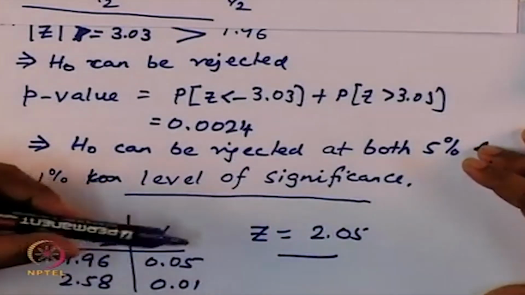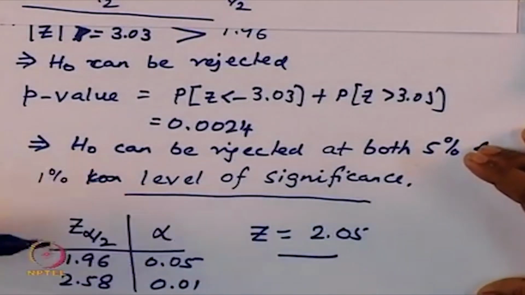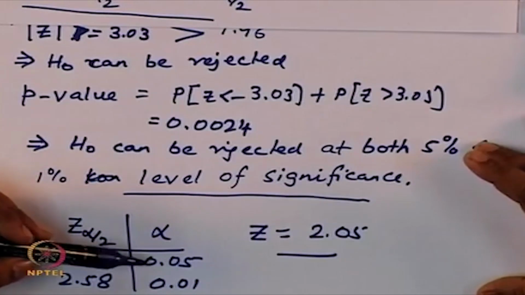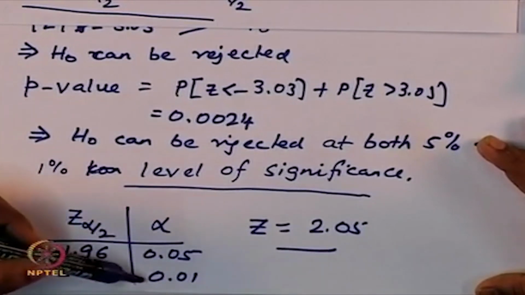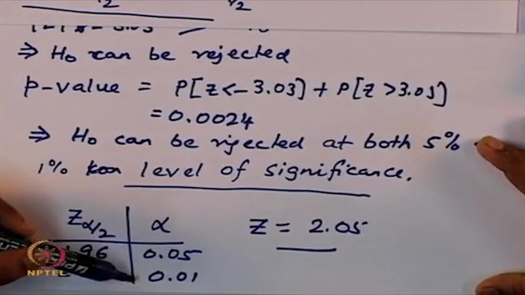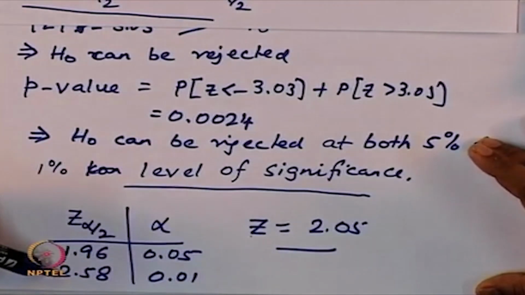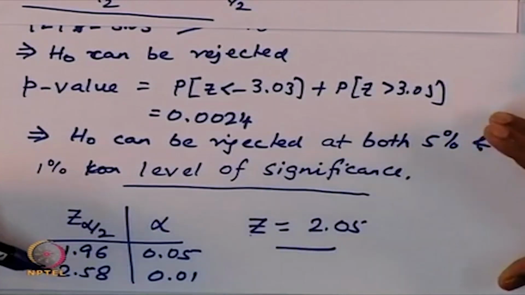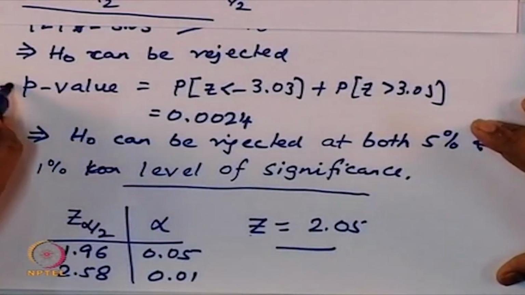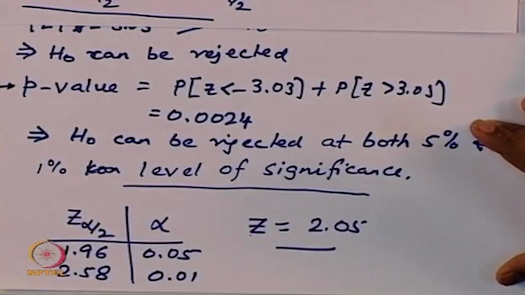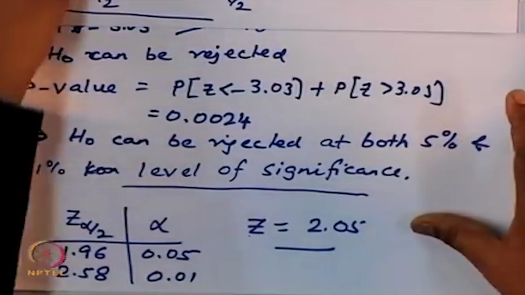What this means is I can accept it at the 5% confidence level, but I have to reject it at the 1% confidence level, because this z is not greater than 2.58. This causes some level of ambiguity, and this is the reason why we always report the p value for the test.